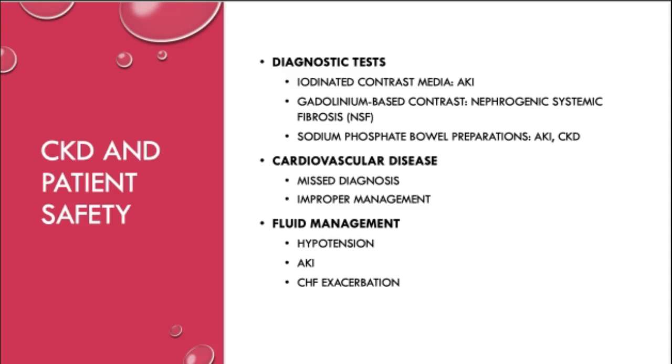And they chronically have elevated cardiac enzymes because of their chronic kidney disease. So that's one thing to always take note of, is that you can't always rely on the cardiac enzymes, specifically the troponin, because they will always be elevated in these chronic kidney disease patients.